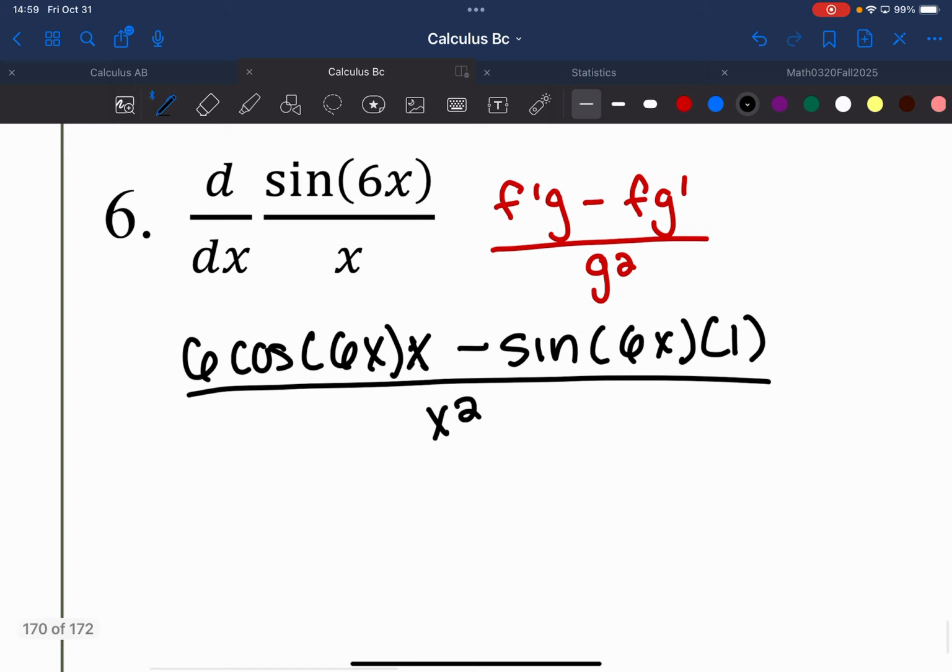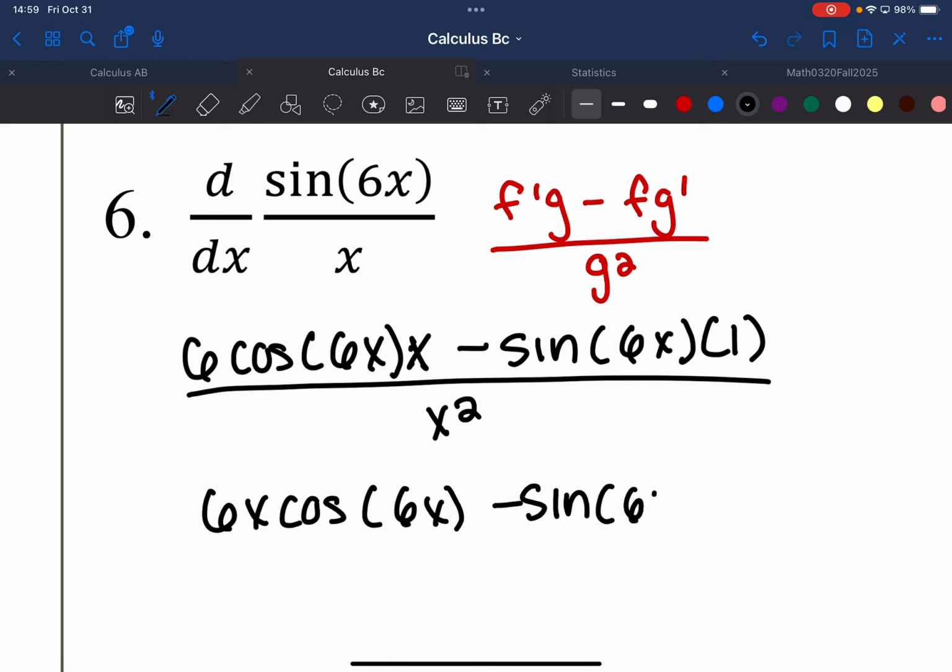And I would just simplify this by getting rid of this 1. We don't need that 1 there. And then where would I write this x? By the 6. Good. So then this is 6x cosine 6x minus sine of 6x over x squared. And that would be our answer for the derivative of that function.